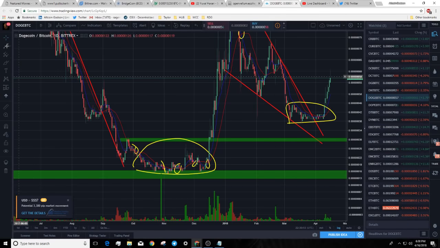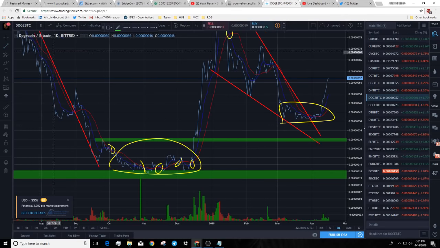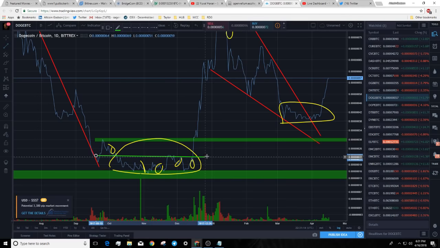So in this case, with Doge, for example, if you switch to the line chart and turn off your moving averages, you could say this was the bottom, and that was the top, and this is the bottom.